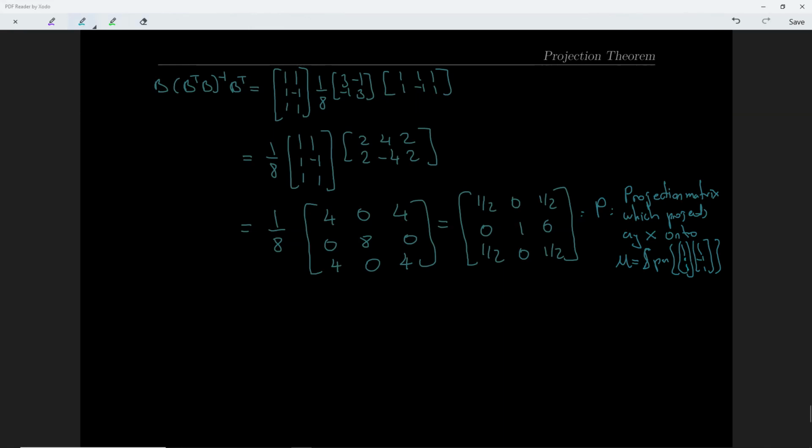So one good news is that, first of all, notice that we found the symmetric matrix.